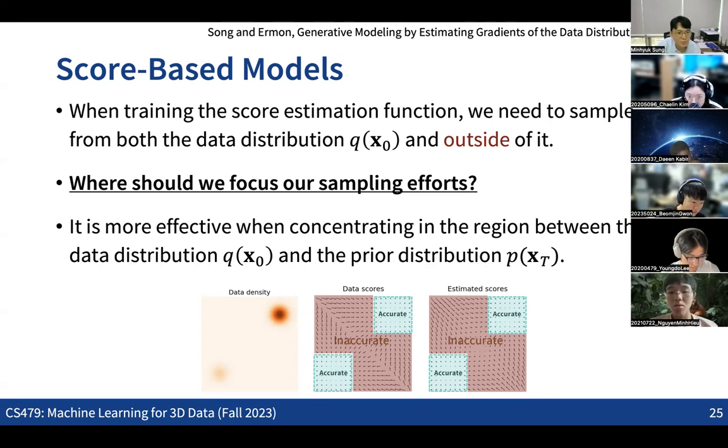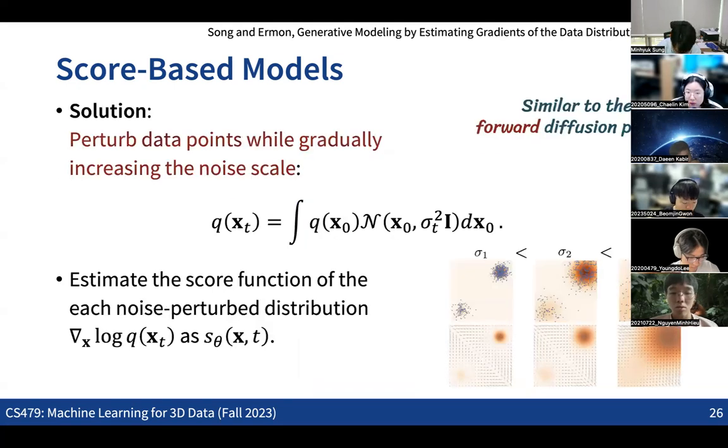To get samples from this intermediate space, we perturb the data points gradually, so that we are not only concentrating on those samples, but have dispersed samples over the entire space. And for those samples, we now compute this score. That's what we are going to do.